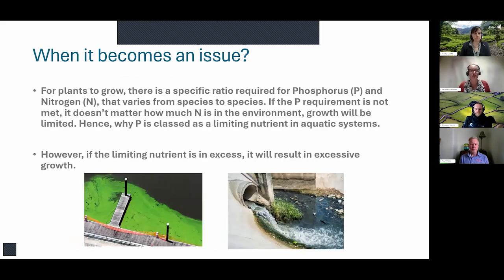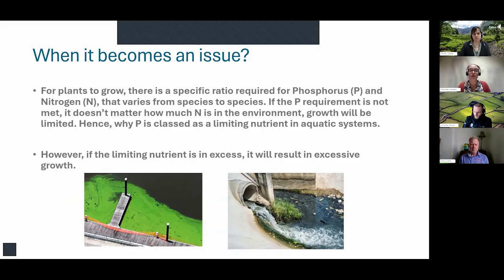So when do nutrients become an issue? For plants to grow, there is a specific ratio required, especially for phosphorus and for nitrogen. Phosphorus is actually classed as a limiting nutrient in aquatic systems. That is because if the requirement for phosphorus is not met for plants, it doesn't actually matter how much nitrogen is in the environment, growth will be limited.